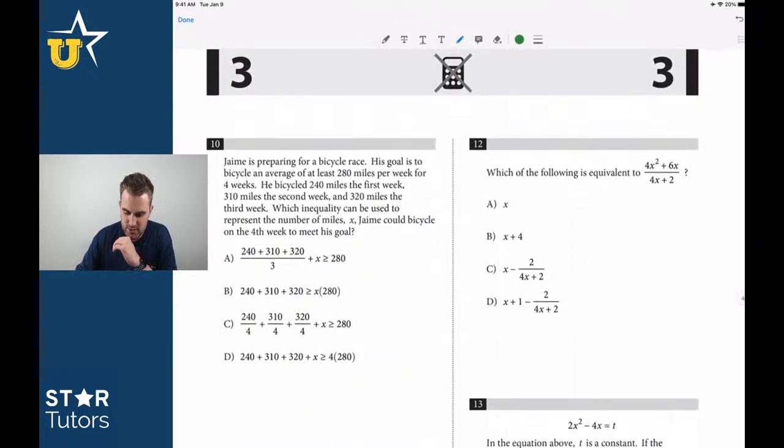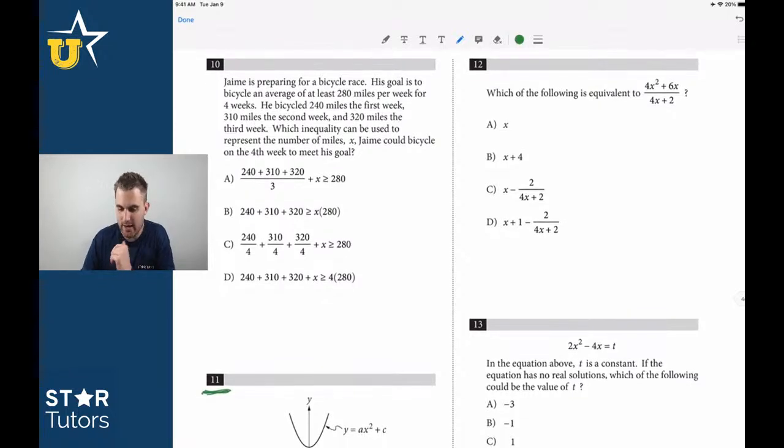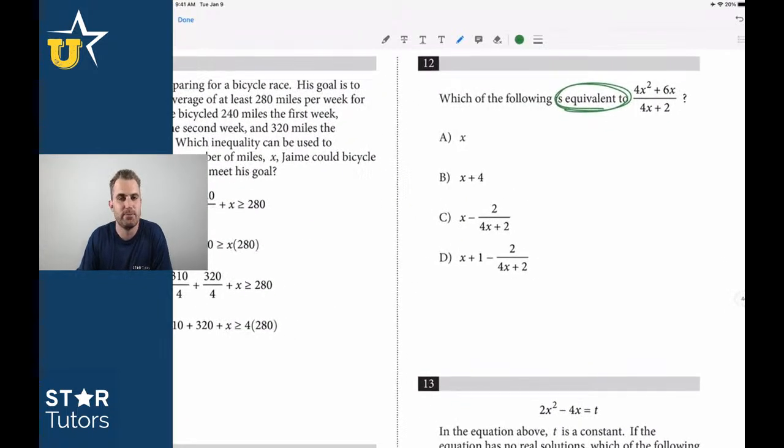Any difficult questions in this section? One thing I would say, guys, is for tomorrow, if you're interested in this for Saturday, the word equivalent means you can always plug in a number. Did everybody know that? If you ever see the word equivalent, and there's probably 4 or 5 questions per SAT exam, watch what happens. If I plug in x is equal to 3, and you want to make sure that you're pretty good at basic math.